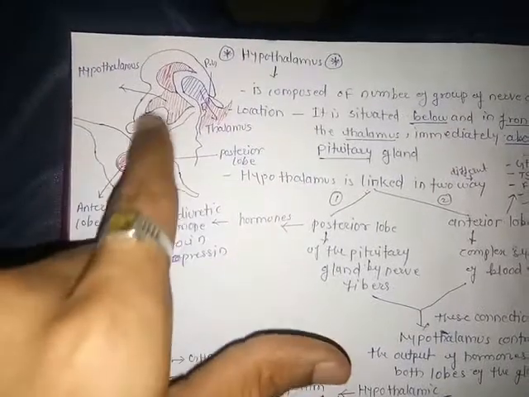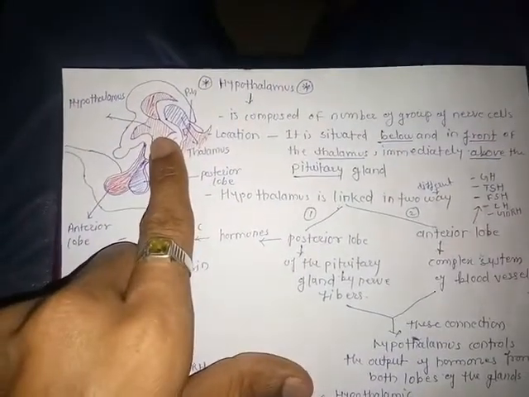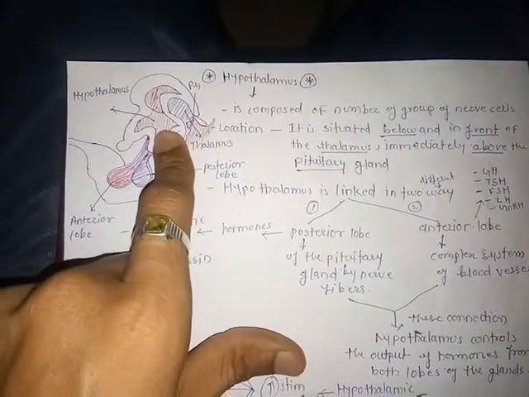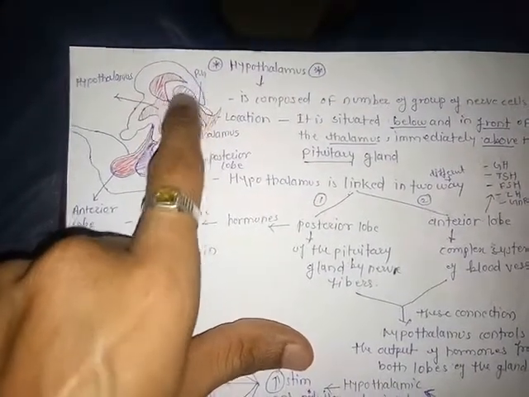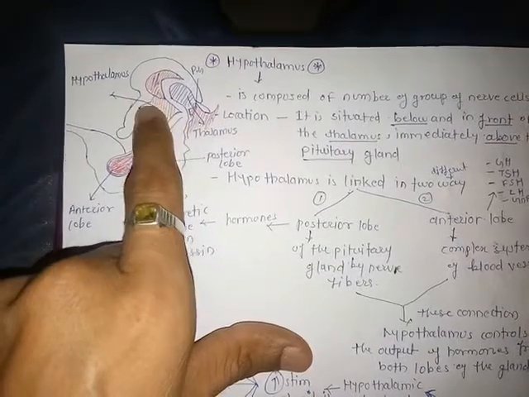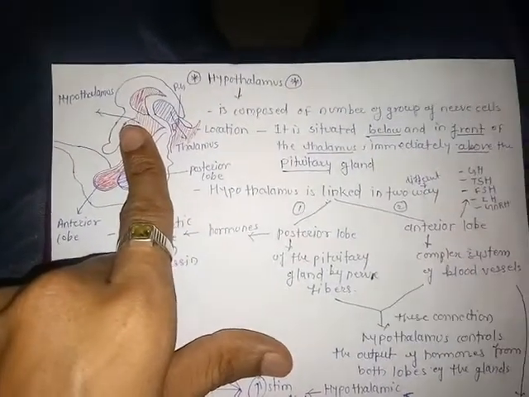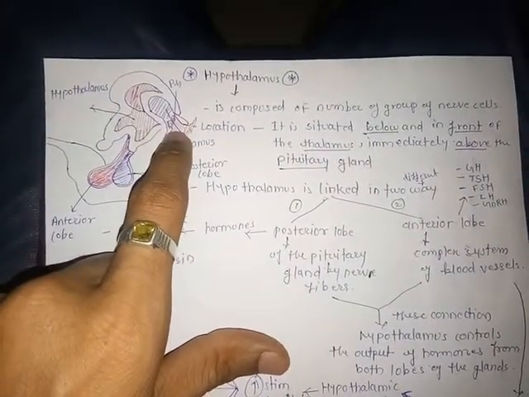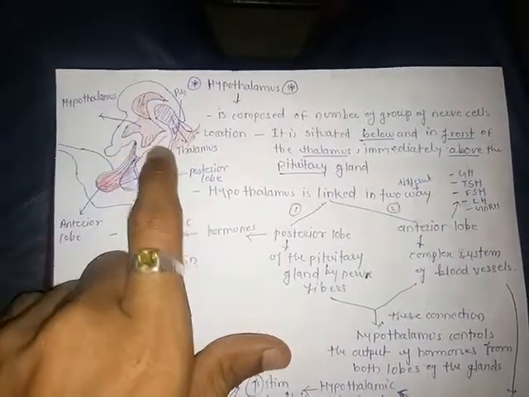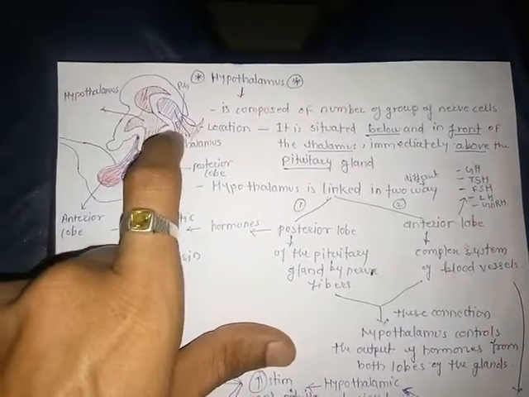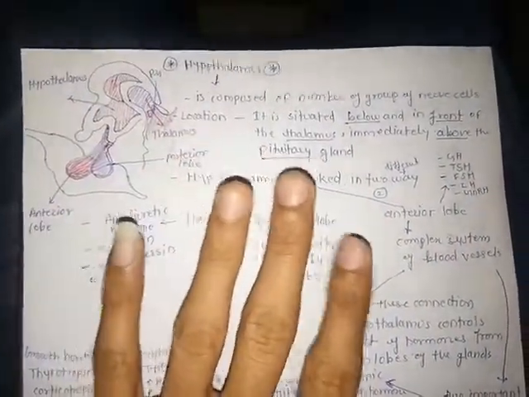So this is the simple location of the hypothalamus, below and in front of the thalamus, and immediately above the pituitary gland. So this is the pituitary gland, and the hypothalamus is present slightly above it. So this is the simple location of the hypothalamus.